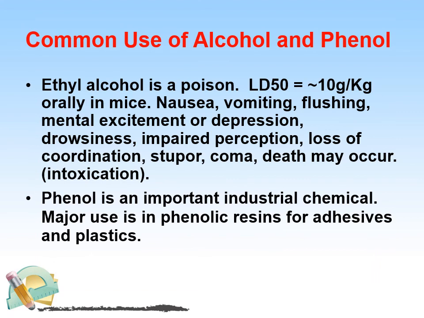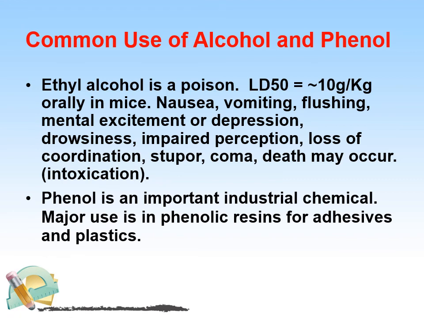What are the common uses of alcohol and phenol? Ethanol is basically a poison. It's a deadly poison, the one that they use in alcoholic drinks in a certain percentage. If we use concentrated ethanol or ethyl alcohol, the lethal dose, LD50, is 10 grams per kilogram orally in mice.